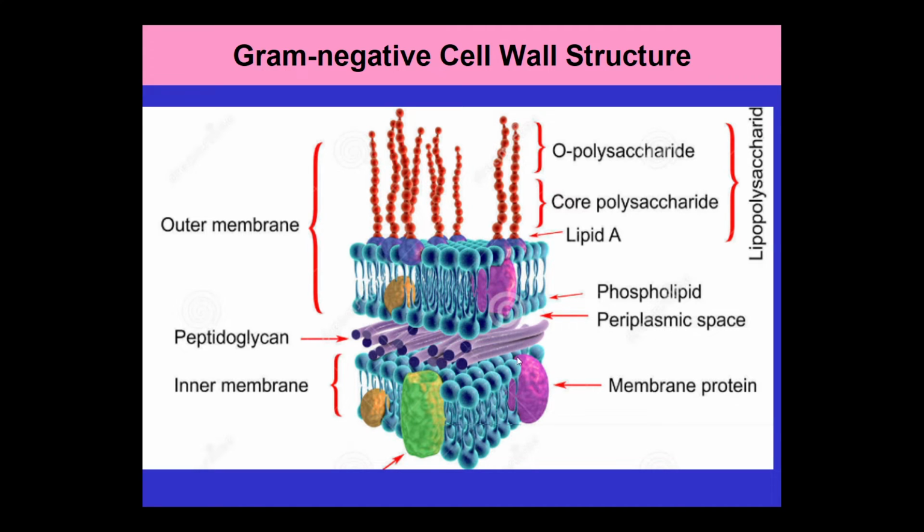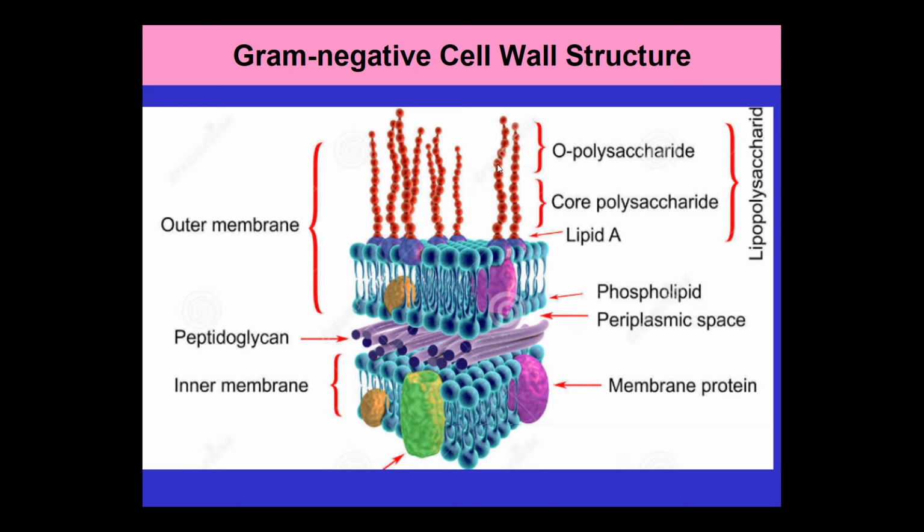Then the periplasmic space where very few layers of the peptidoglycan are laying, right? Then above the periplasmic space, we have a phospholipid bilayer modified with a unique bacterial structure that is called lipopolysaccharide, right?